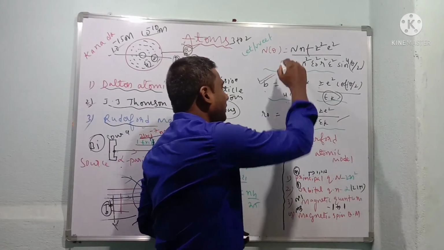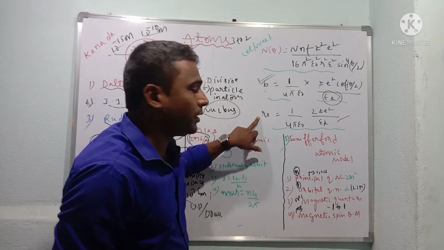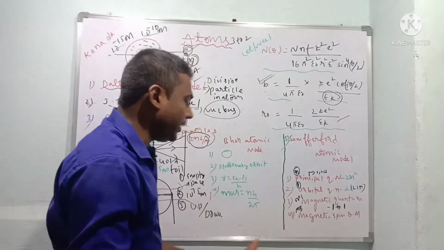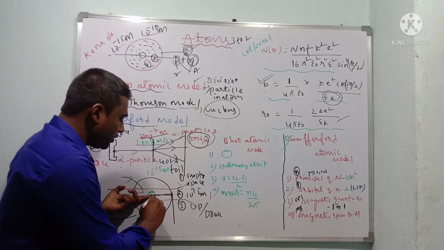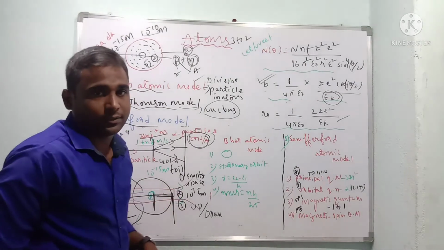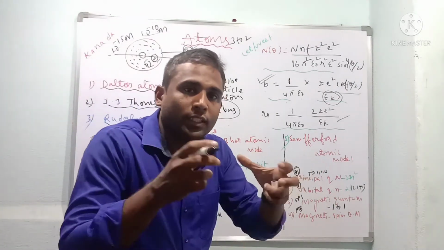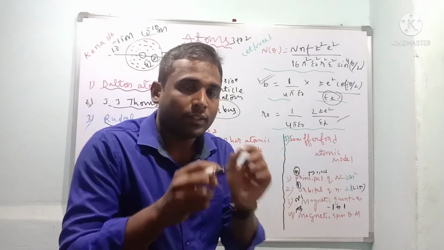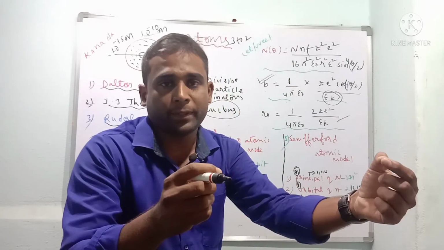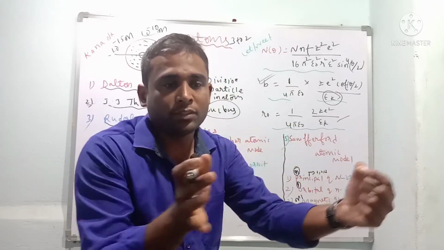Now, after understanding this, let us come to the second point, closest approach distance. As the name says, the minimum distance from the center of the nucleus to the alpha particle is called the closest approach distance.